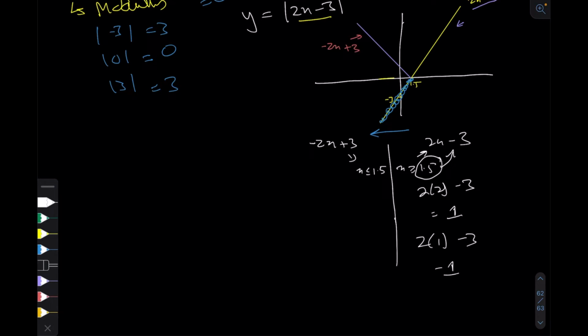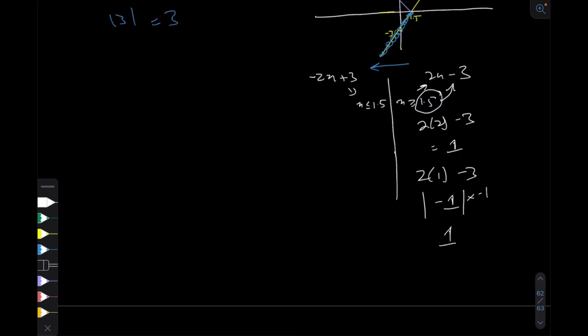And I know that since it has a mod, the effect of it is that it will multiply it by -1, so it will give you 1. So for any value less than 1.5, you're multiplying it by -1.